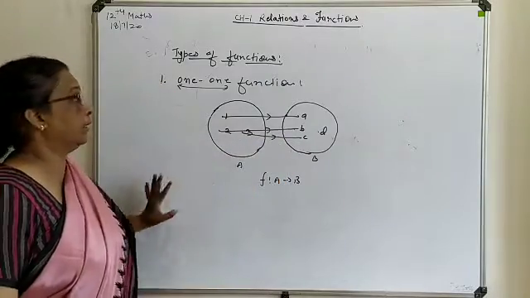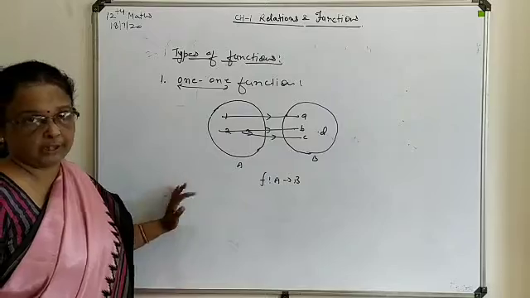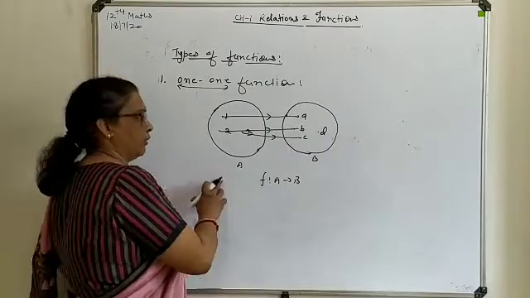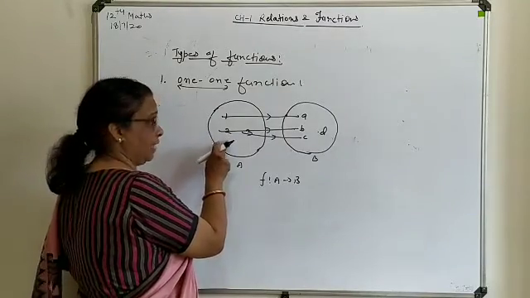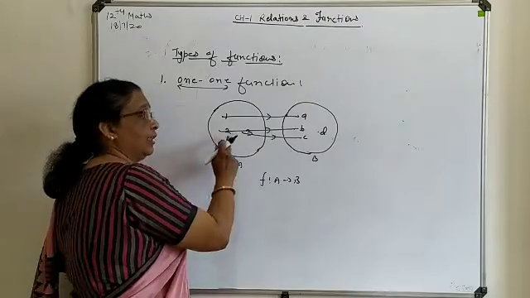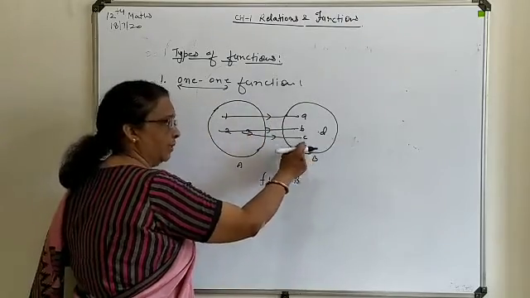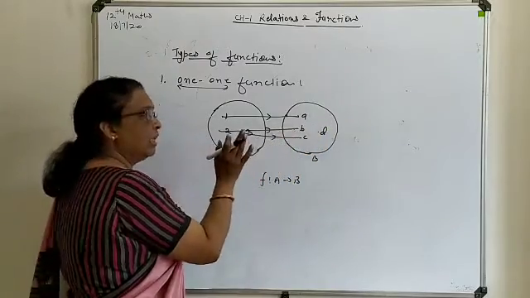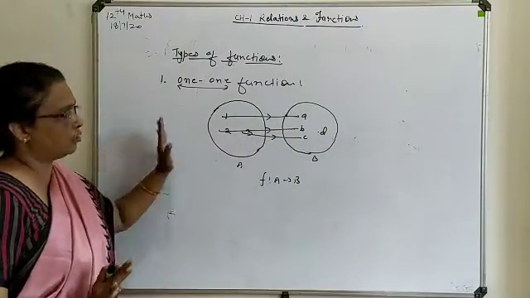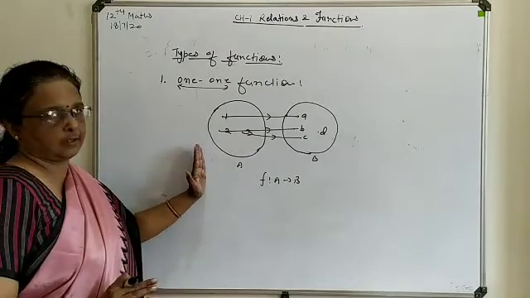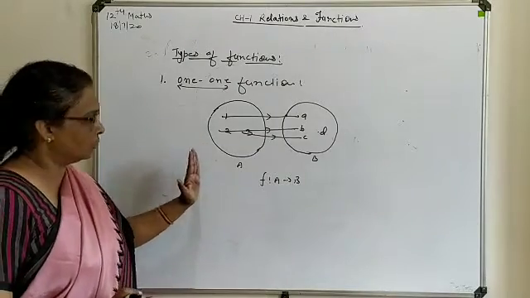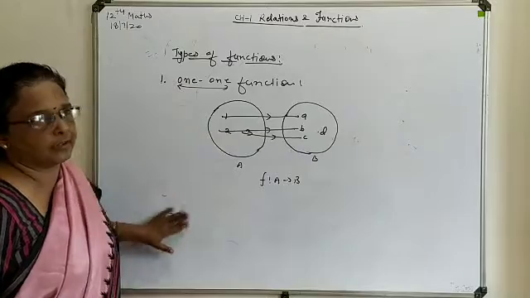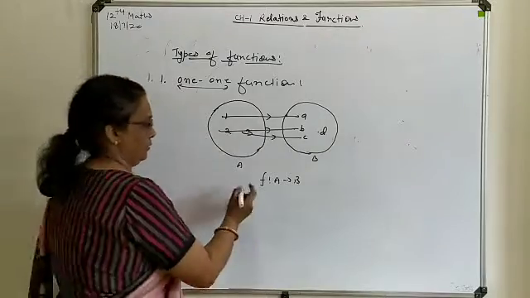So basic criteria regarding the function should be fulfilled everywhere. For one correspondence, each element of set A should have a single image in set B. Doesn't matter if any element is going to remain as such, which is not an image of a set A element. So that type of function you will consider as a one function.